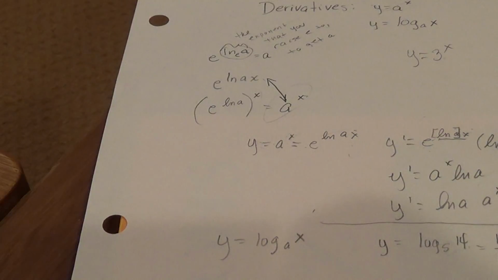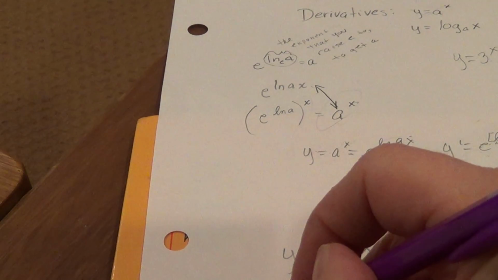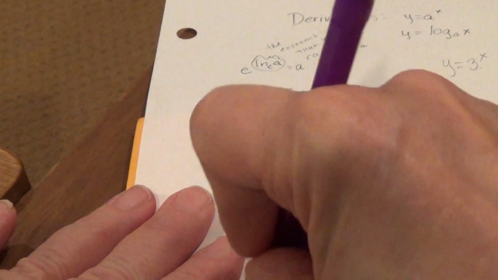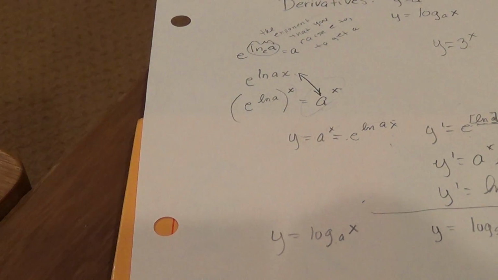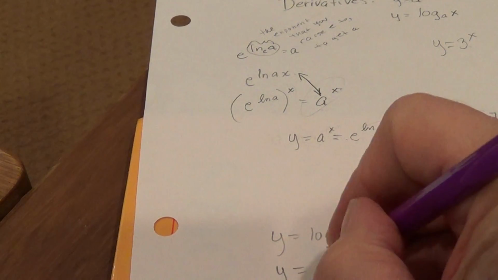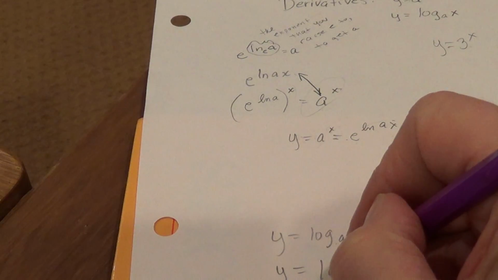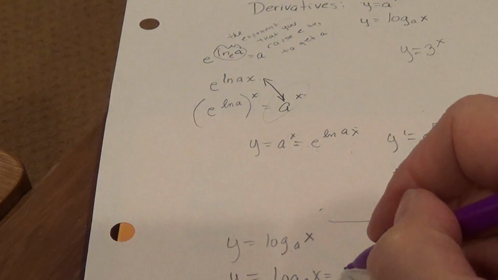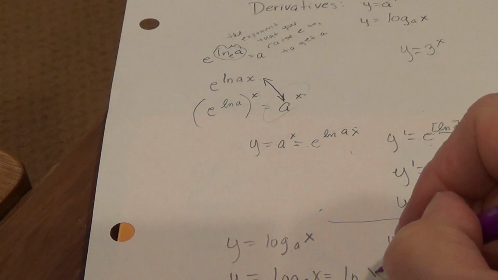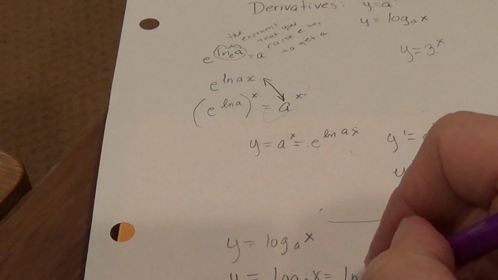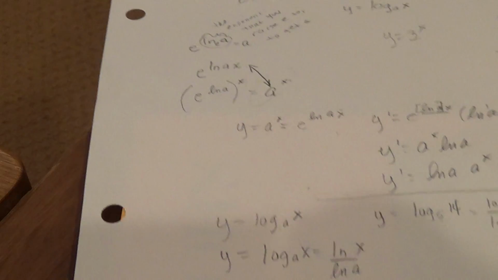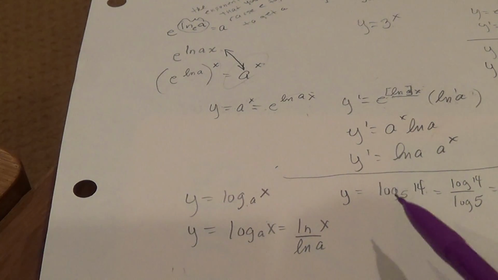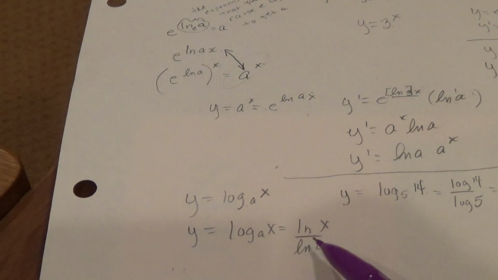So we're going to apply that principle before we find the derivative. We have y equals log to the base a of x, which, using the principle I just stated, can be rewritten as ln of x over ln of a.